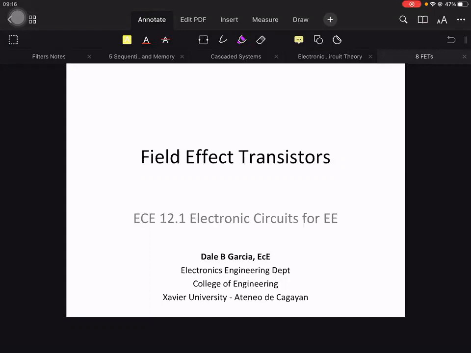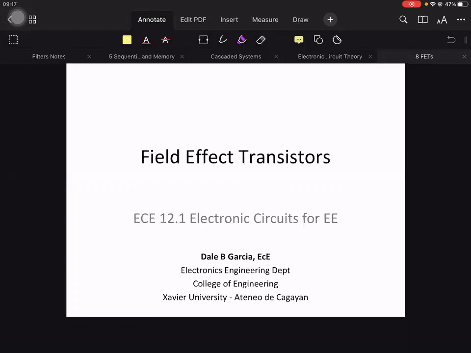So today we'll be opening up a new topic. We are already finished with bipolar junction transistors. I think we've sufficiently covered all the important parts of the analysis and design of BJT amplifiers. So today, I'll introduce a new electronic device called the field effect transistor.